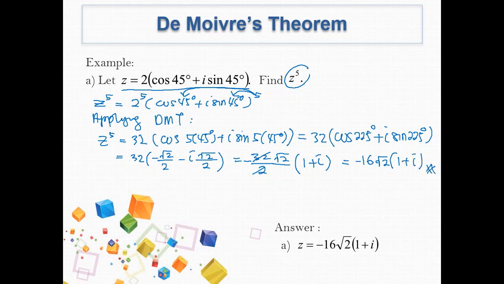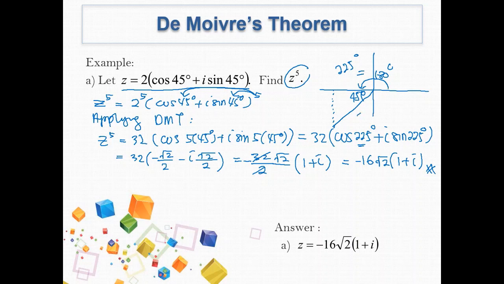One more way, if you do not want to substitute the angle into the calculator, you can use the special angle, but you need to check first. What you need to check is, in the Argand diagram, where is 225? 225 is 180 plus another 45 degrees, that gives you a total of 225 degrees.